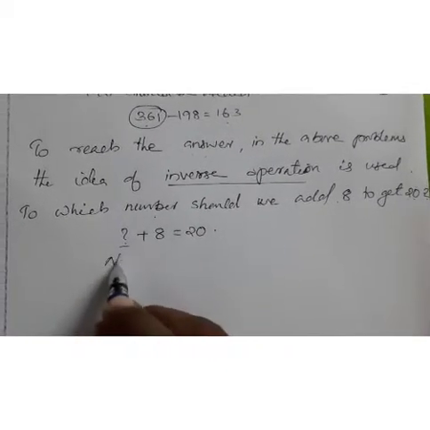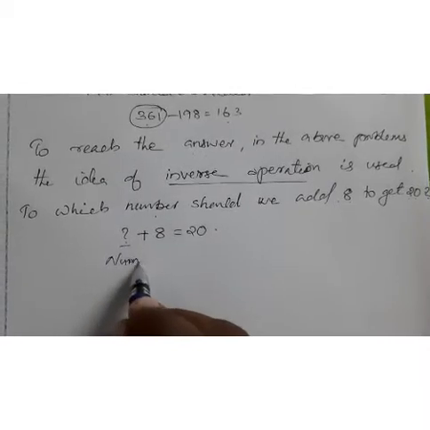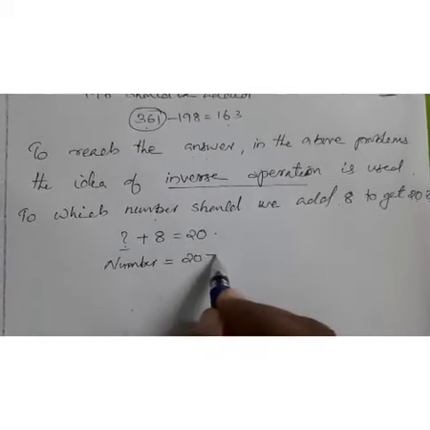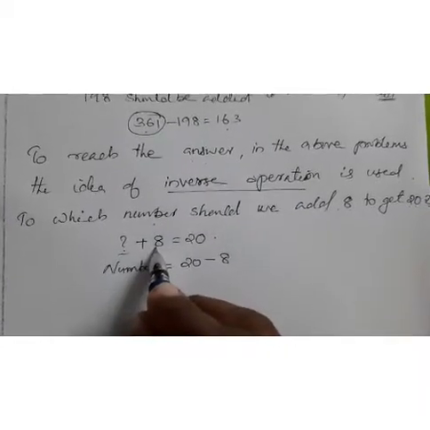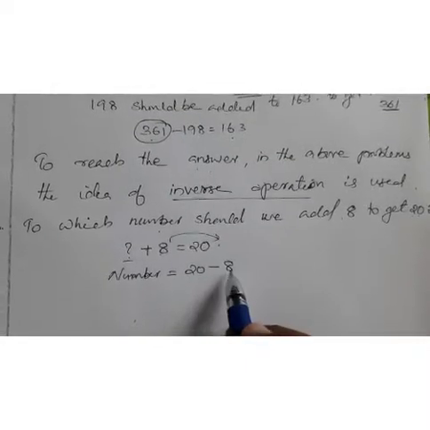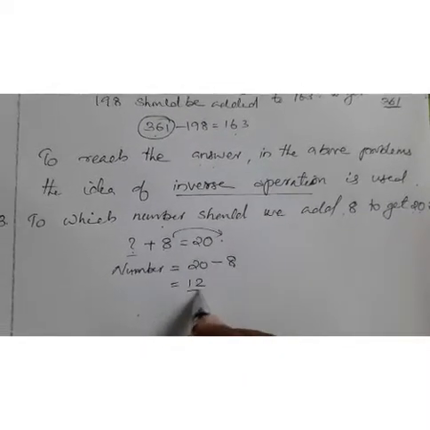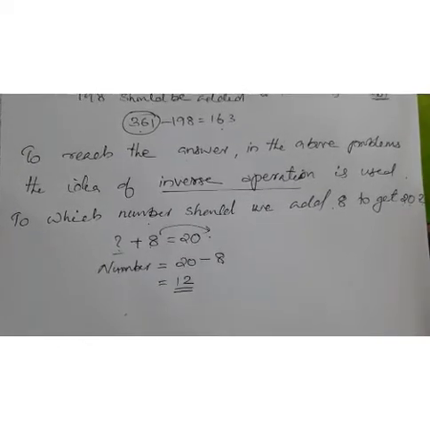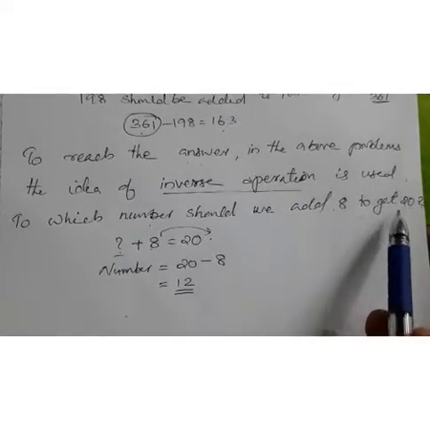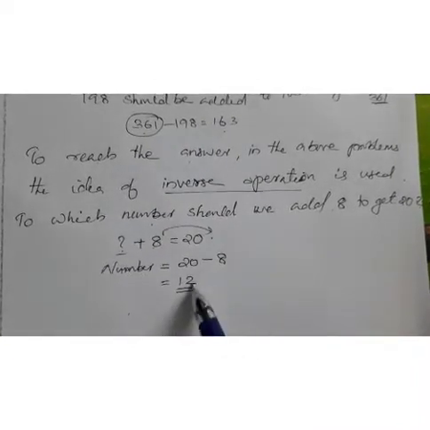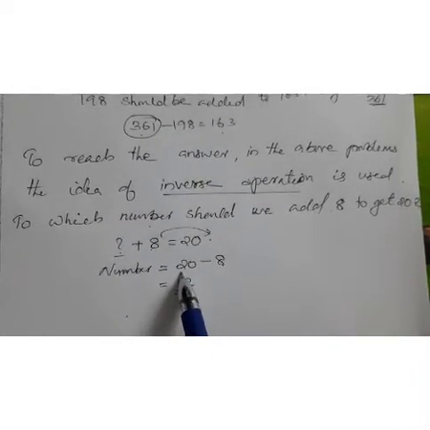The number we can find out by subtracting. So plus 8, if you come to this side, it will become minus. So what is the number? It is 12. For getting 20, what do you have to add? 12 you have to add. So 12 plus 8 is 20.